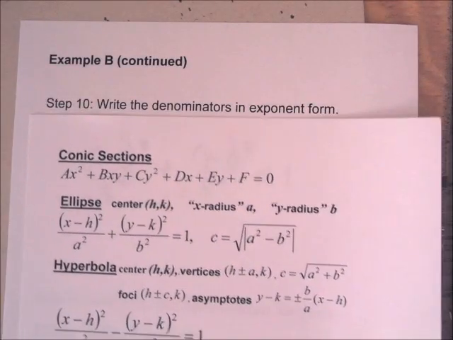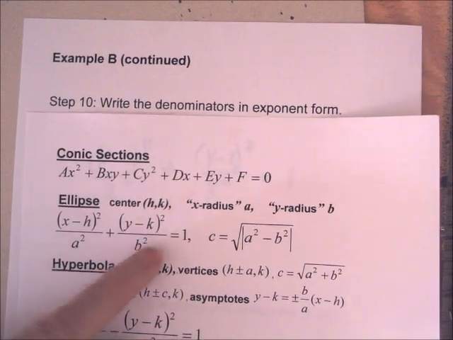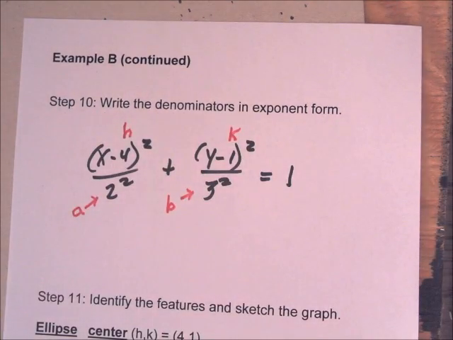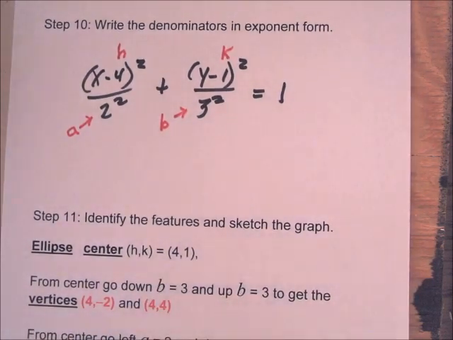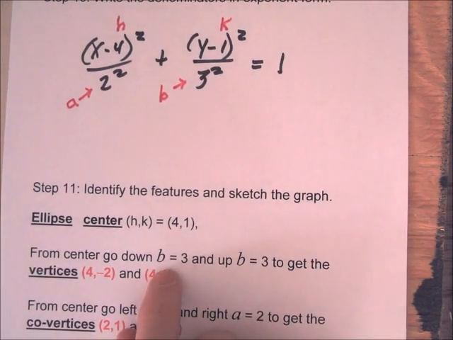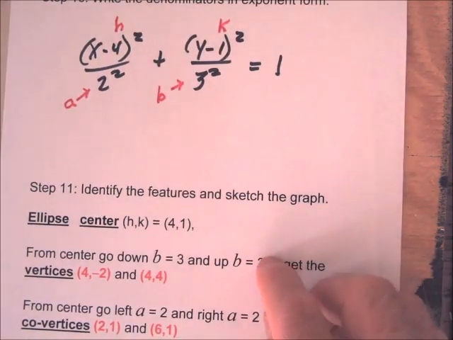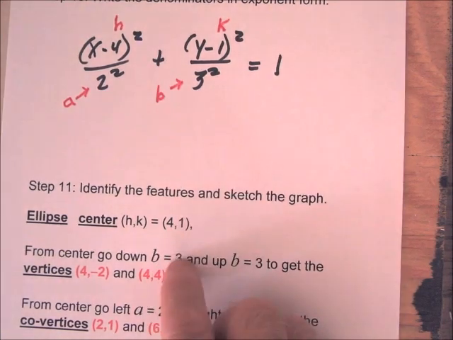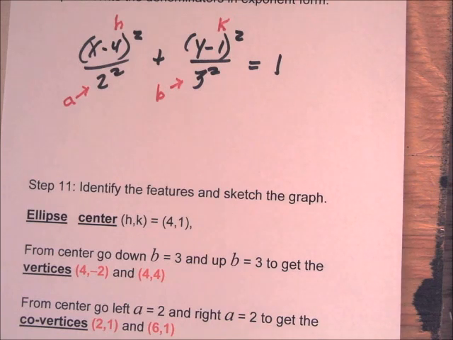So this is in the form (x minus h) squared over a squared plus (y minus k) squared over b squared equals 1. So the center is going to be (h, k), which is (4, 1). If we go down and up b, b is 3, so we go down 3 and up 3 from the center, and we get the vertices.